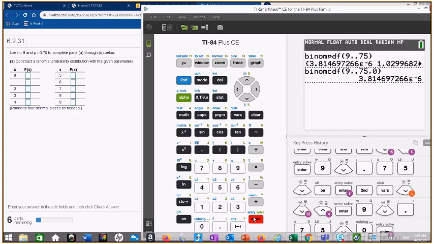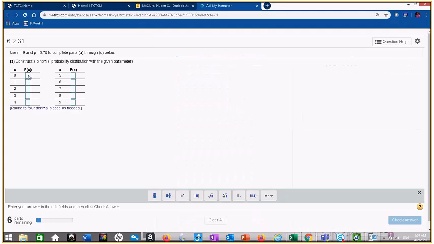Now it says round to 4 decimal places, so the first one is going to be 0.0000.